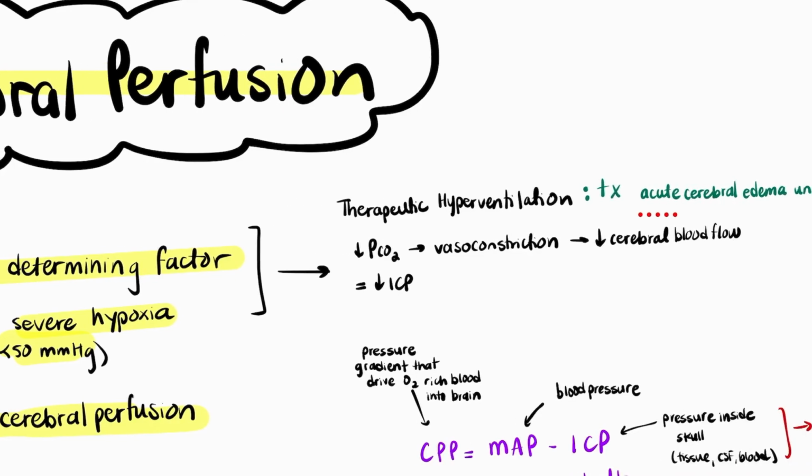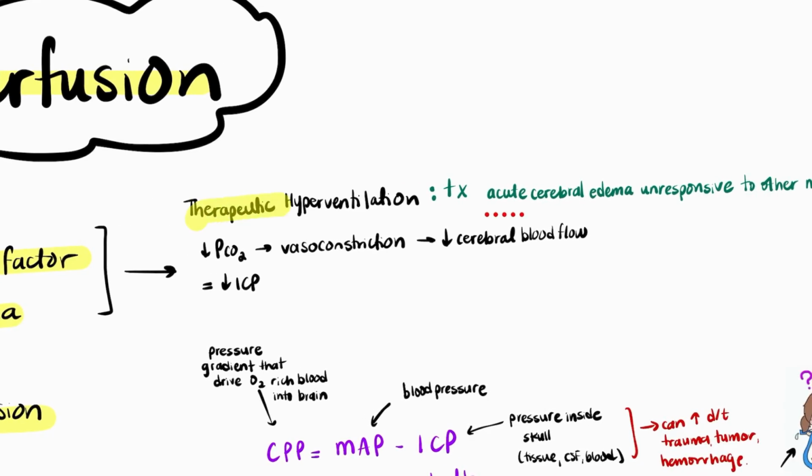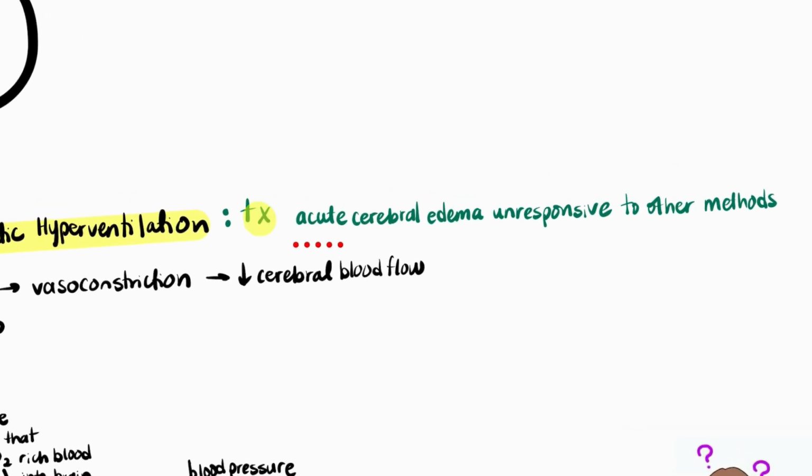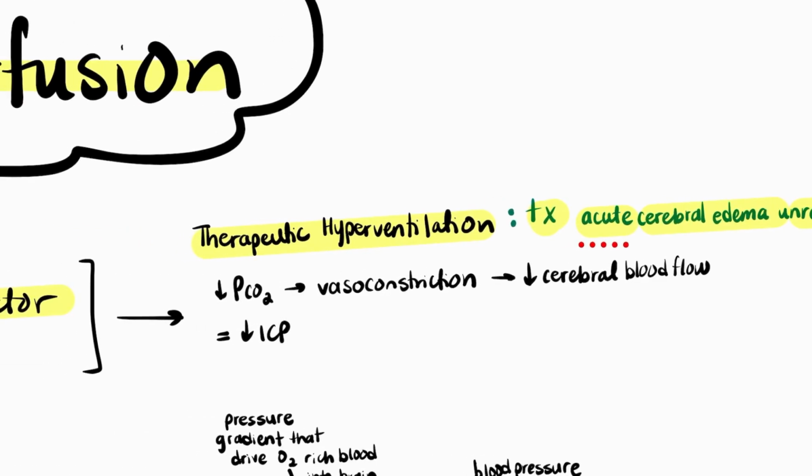Now, there's a thing called therapeutic hyperventilation. This is a treatment that can treat acute cerebral edema that is unresponsive to other methods. So we know that CO2 is a vasodilator, right?